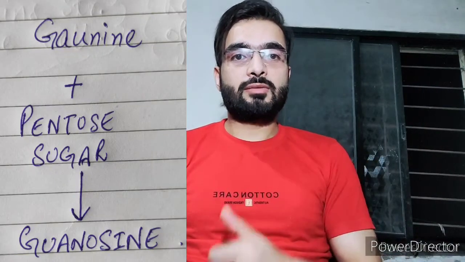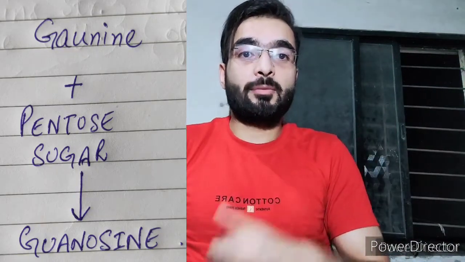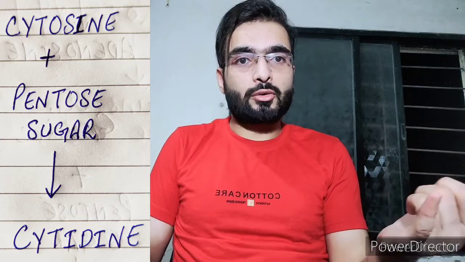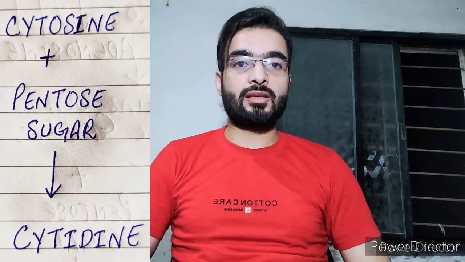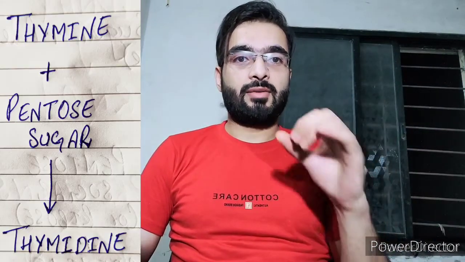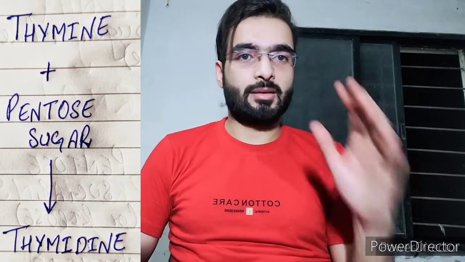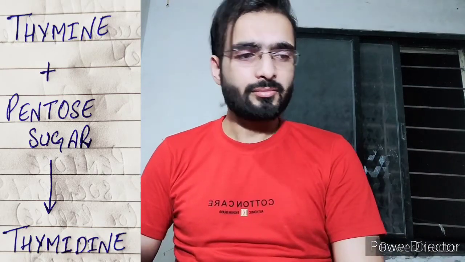Guanine fuses with the pentose sugar, it results in guanosine. Cytosine fuses with the pentose sugar, it results in cytidine, not cytosine, cytidine. And similarly, when thymine fuses with the pentose sugar, it results in thymidine.